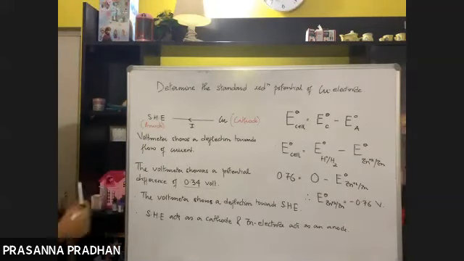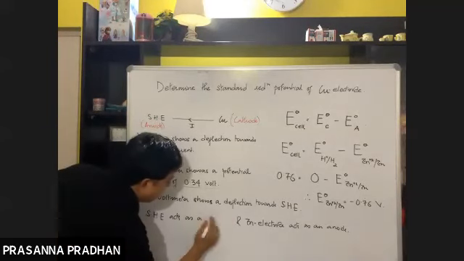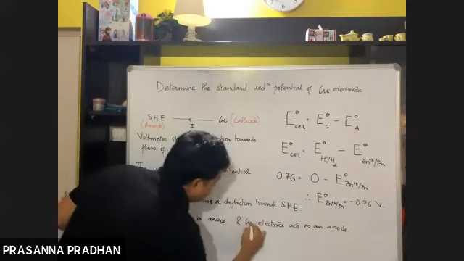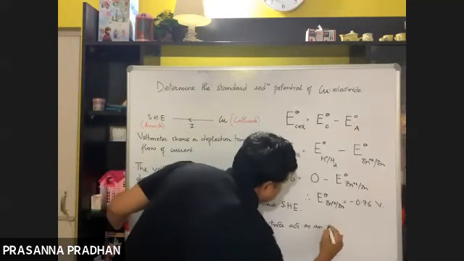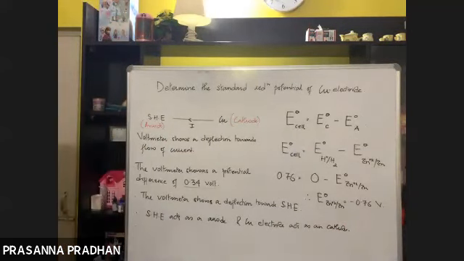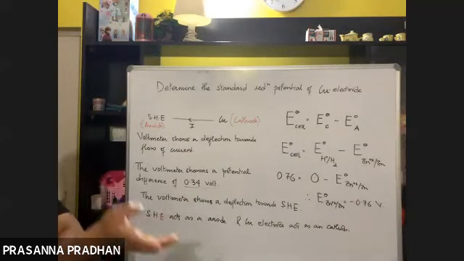Okay. Fine. So in this case, SHE acts as an anode and the copper electrode acts as a cathode. You just need to remember these experimental things. In case of zinc electrode, zinc behaves as an anode.